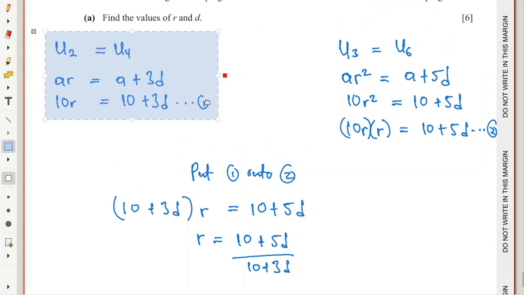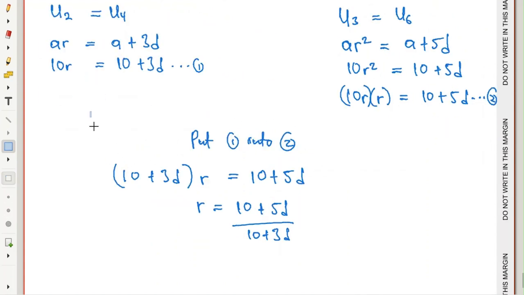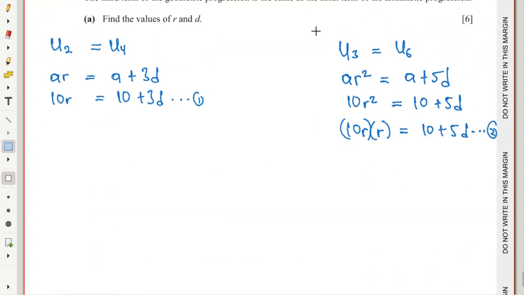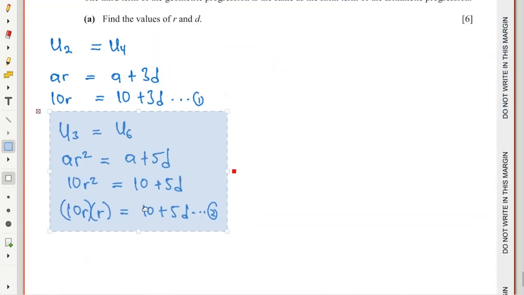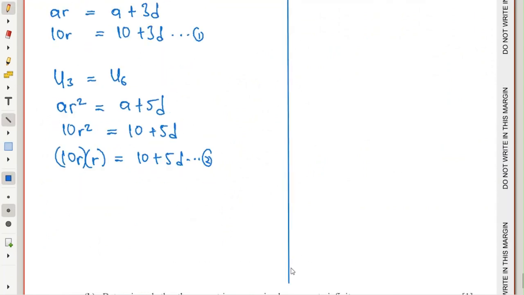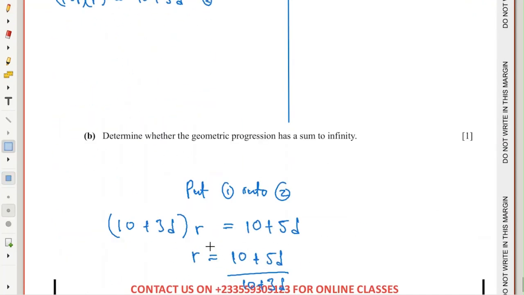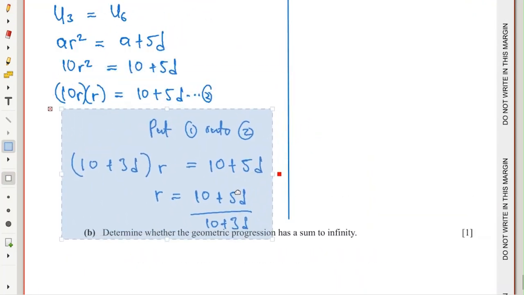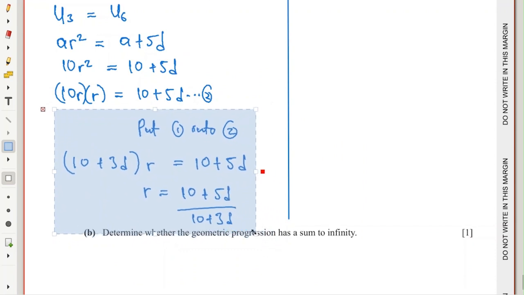Let me create a space for myself. If possible, always divide your board into 2 so that you can have enough space to work with.